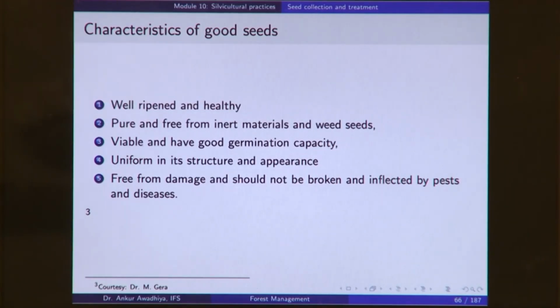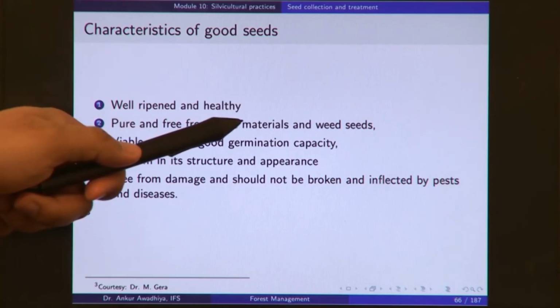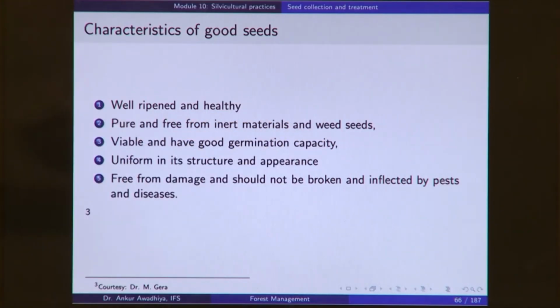It should not be a seed that is infested by, say, insects or by some microorganisms, typically fungi. So, if you have seeds that have fungi growing on top of them, those are not the kinds of seeds that we want for our silvicultural practices. The seeds should be pure and free from inert materials and weed seeds.